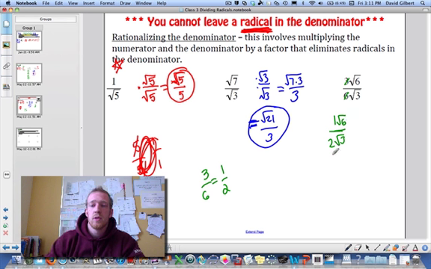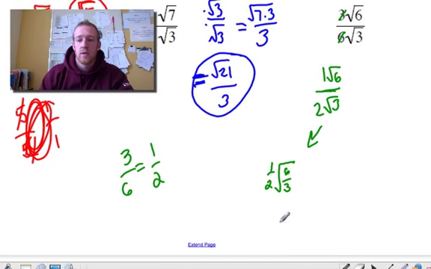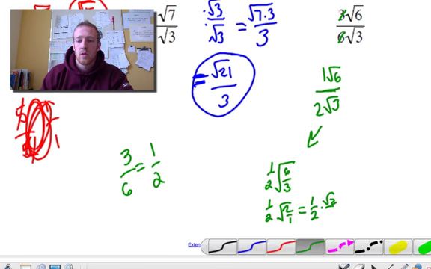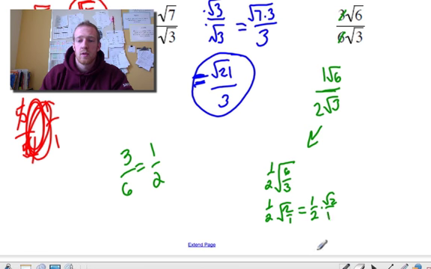So you have a 1/2 and you have a 6 over 3, and then that reduces to 1/2 root 2 over 1, which is the same as 1/2 times root 2 over root 1. Square root of 1 is just 1. Anything times 1 is itself, so I just have this times 1. And that leaves me with root 2 over 2.